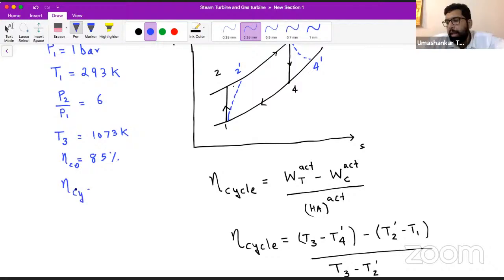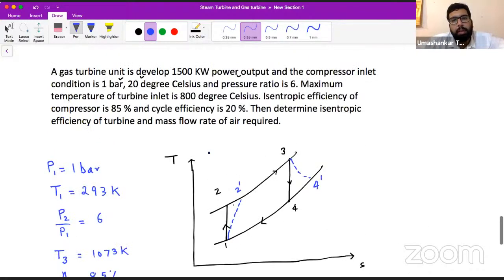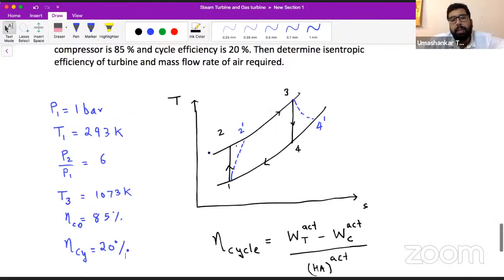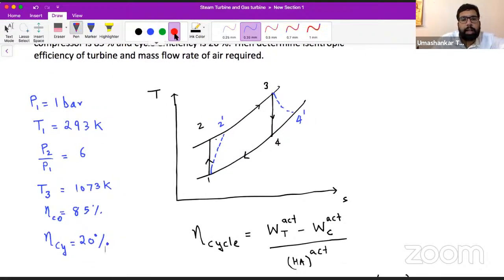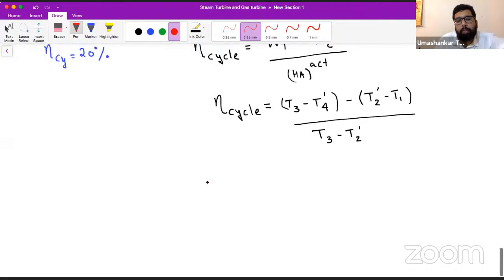You have to find the isentropic efficiency of the turbine first, then the mass flow rate. Let's see how to do the question quickly. So you have to find the isentropic efficiency of the turbine.